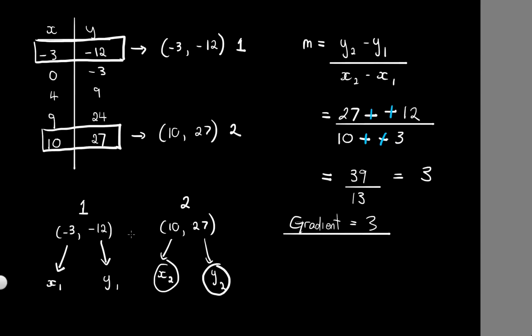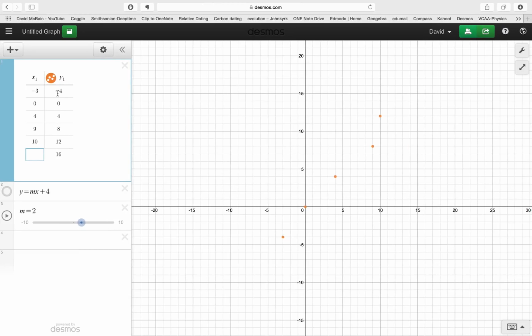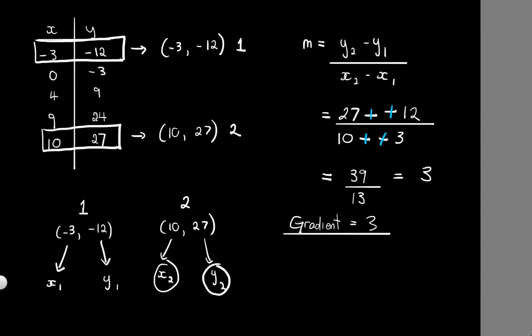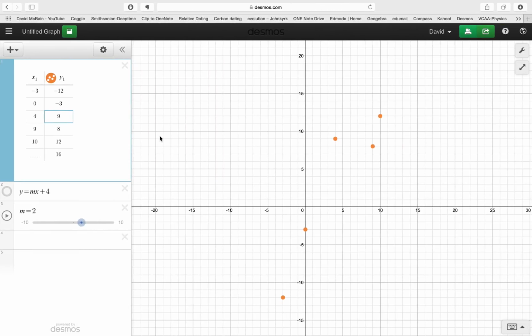And the y values on the right hand side are -12, -3, 9, 24, 27. And we don't need this one.